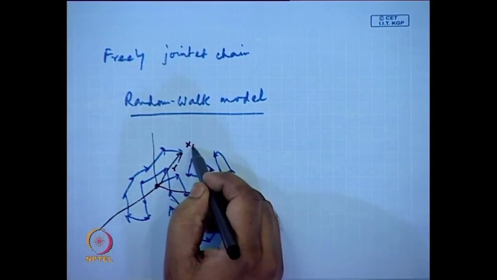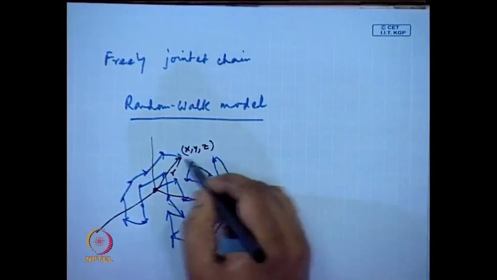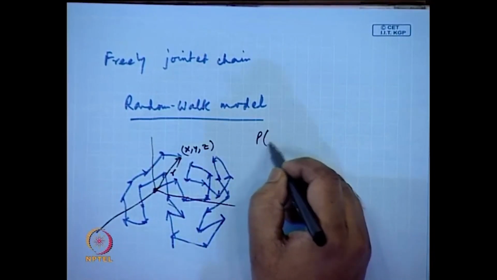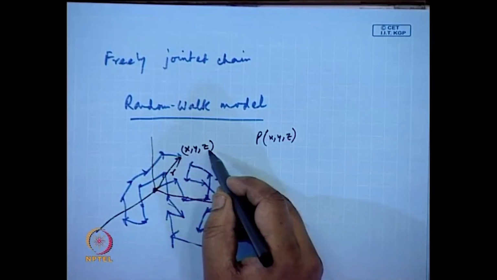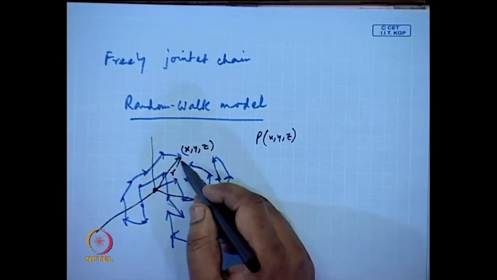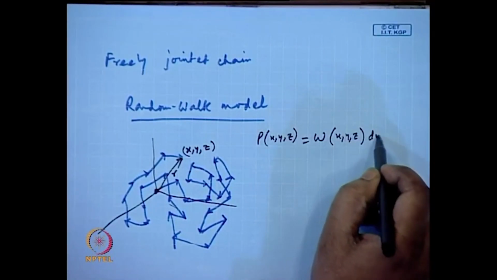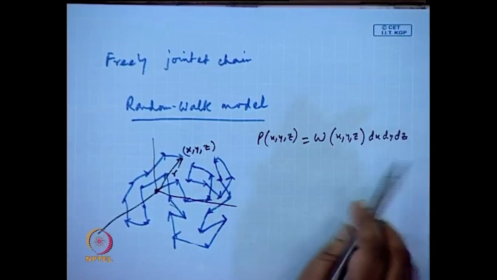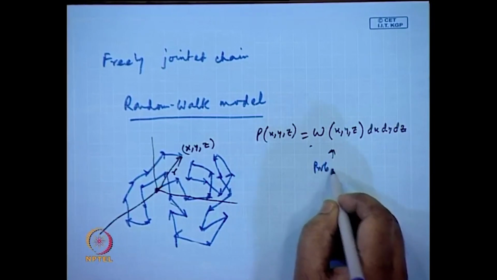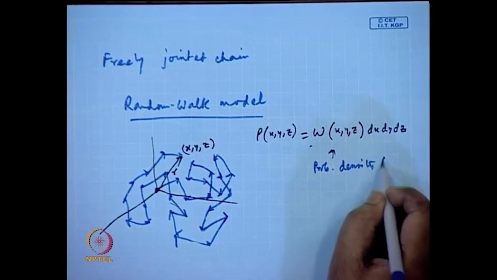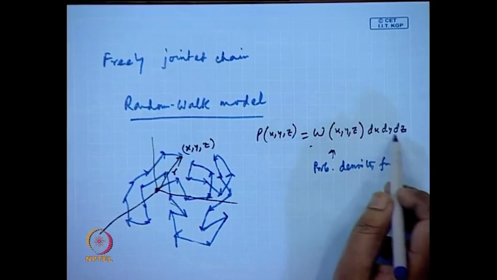So, if you put this as x, y, z, then the probability that the other end would be at a point x, y, z, which has a distance r from the origin, would be given by this, where this is the probability distribution density function, which is the probability per unit volume.